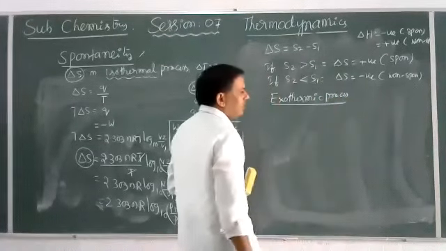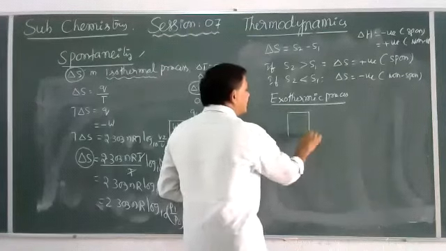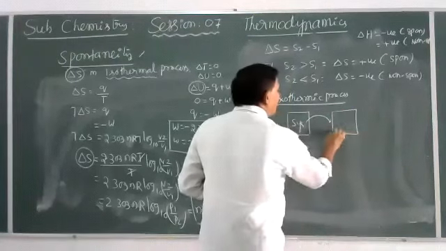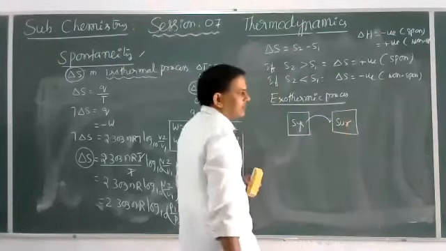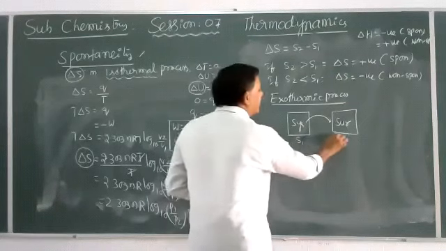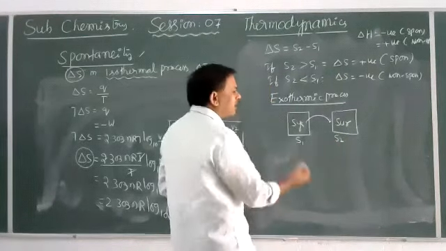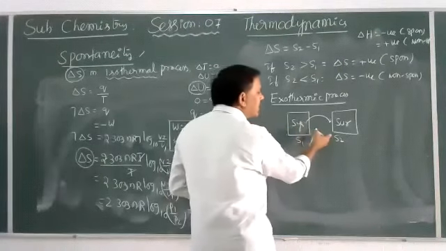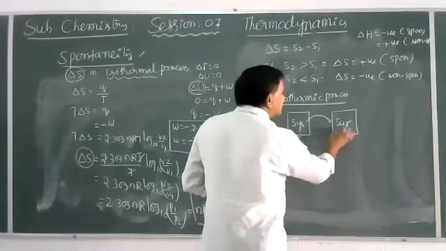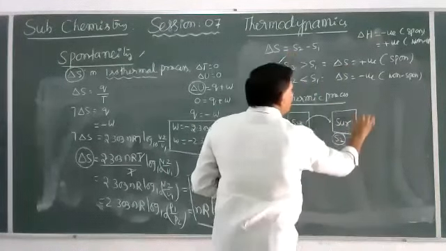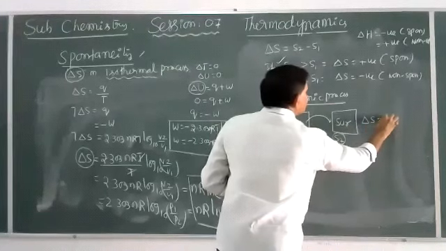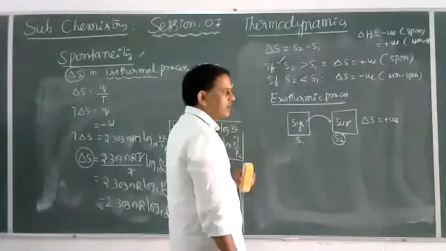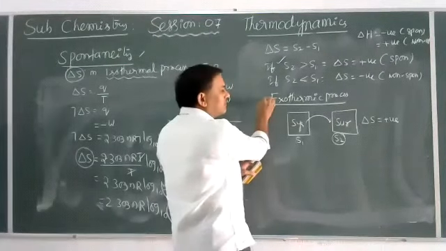heat is liberated from the system to the surroundings. Initially it is S1, finally it is S2. What happens? From the system to the surroundings, the final S2 value increases, S2 is more. That's why here delta S is positive, spontaneous. The process is exothermic.